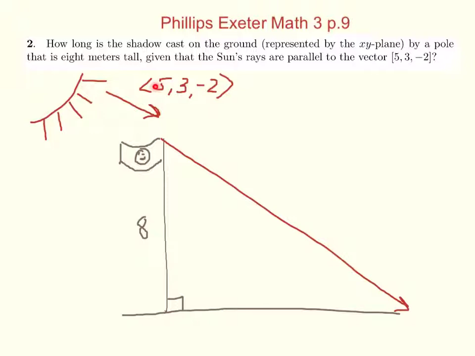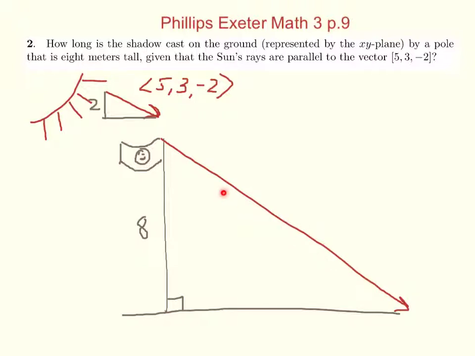So think about this. How far down is this vector going? If I drew this similar triangle up here, it's tough to draw the 5 and the 3, but how far down is this going? That's going down 2, right? So this vector over here is parallel, so it's the same vector times 4.